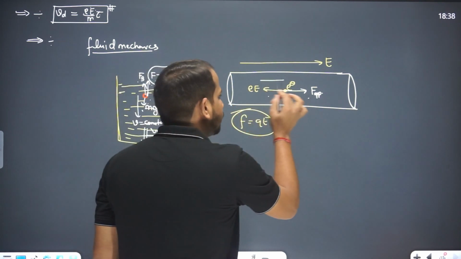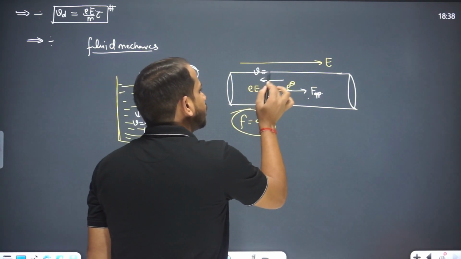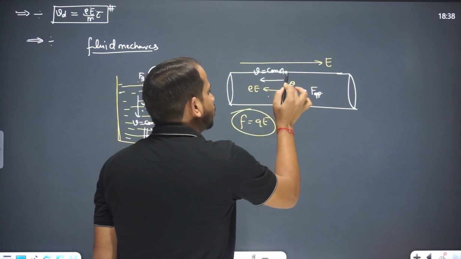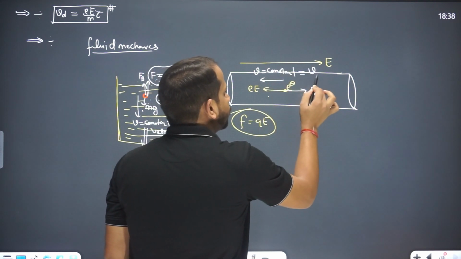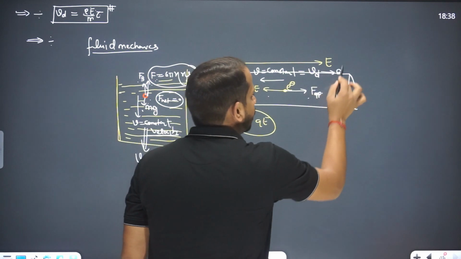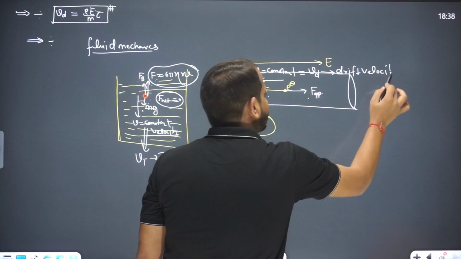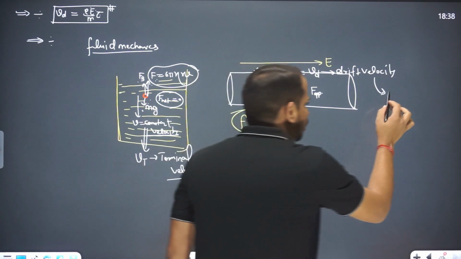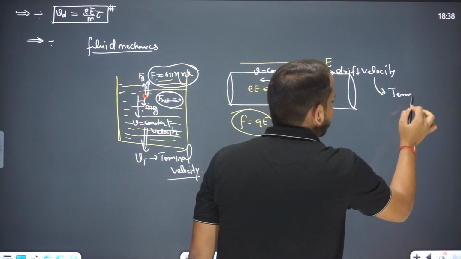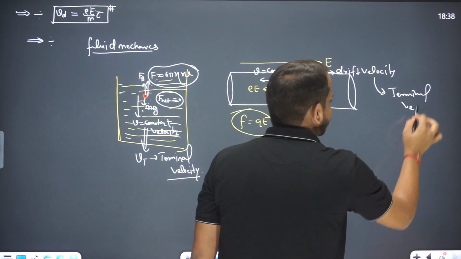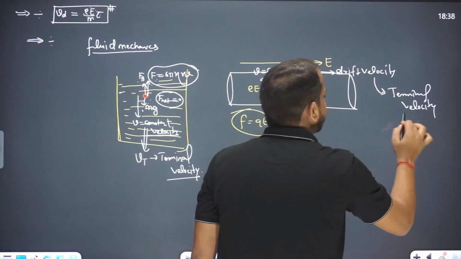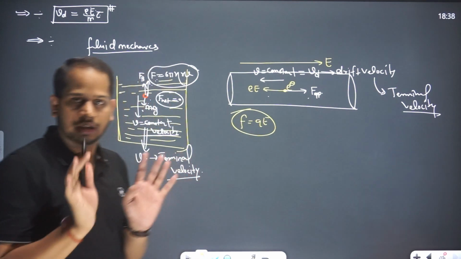The electron will move with constant velocity, and that is called Vd, or we can say drift velocity, right? This drift velocity is also a terminal velocity for us. It's a constant term, right?